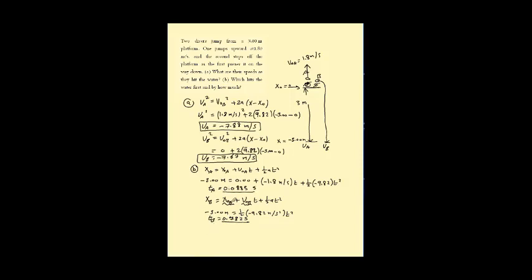As we can see here, the time for B is greater than that of A. That's because the initial velocity of A is greater than the initial velocity of B. And to find the difference in time between A and B, delta T, we can simply subtract TA from TB.